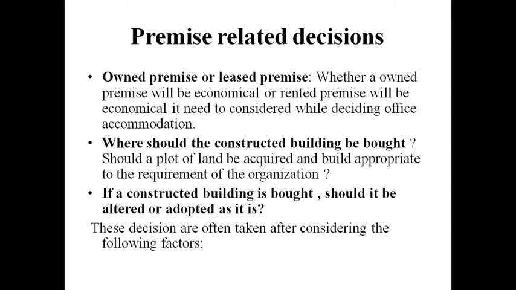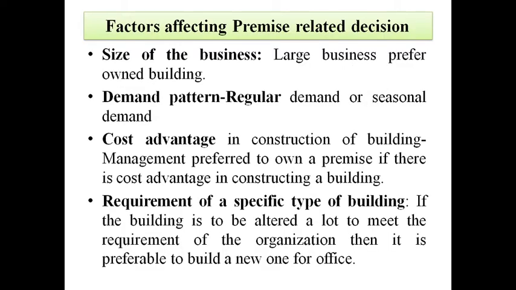So these decisions are often taken after considering a number of factors. Now see the factors which affect premise related decisions. One factor is the size of the business. Large businesses prefer their own building. Then demand pattern.